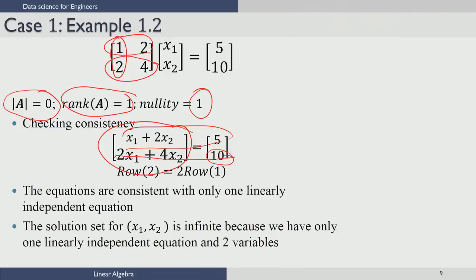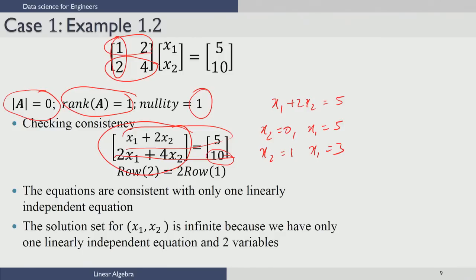But now, notice that I have one equation in two variables. That basically tells me I have one free variable. So, for example, if I take this equation x1 plus 2 x2 equals 5, if I set x2 equals 0, I get x1 equals 5. If I set x2 equals 1, I get x1 equal 3 and so on.